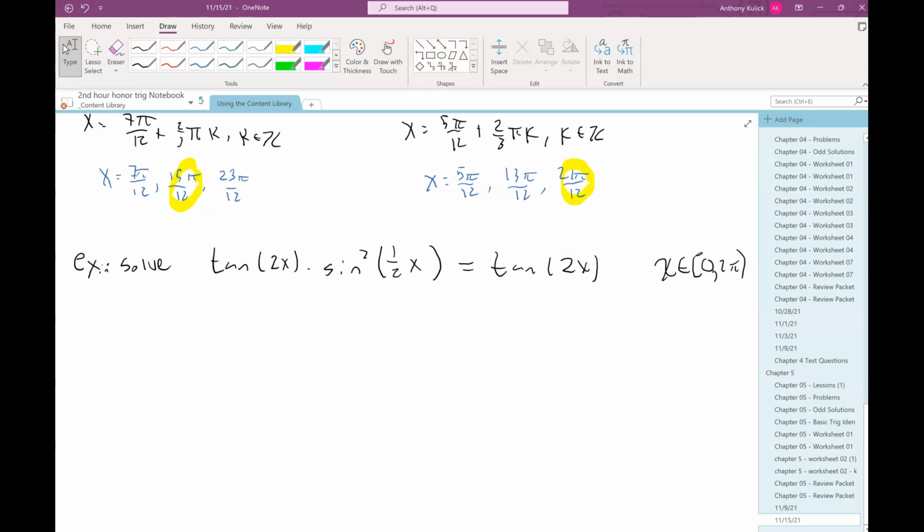Instead, what you'd want to do is to move everything onto one side. So I'm going to subtract the tan 2x from the right-hand side over to the left-hand side.